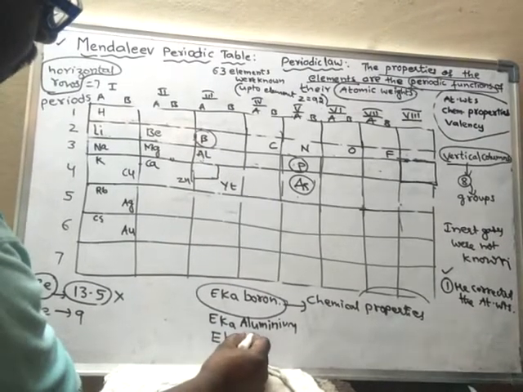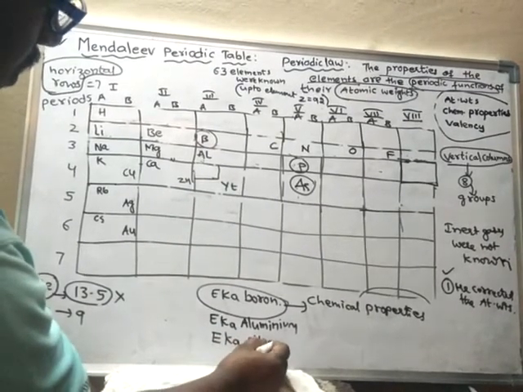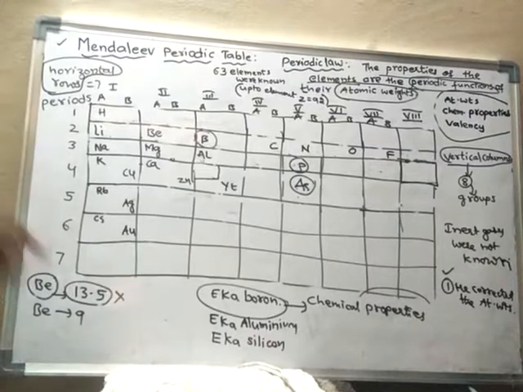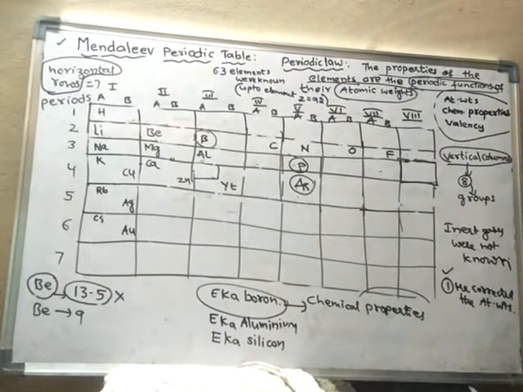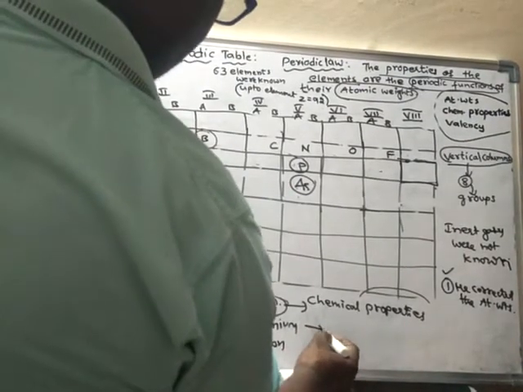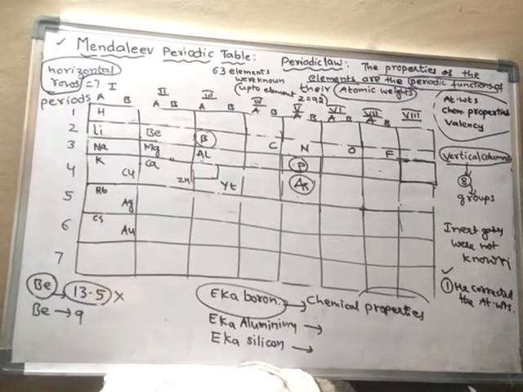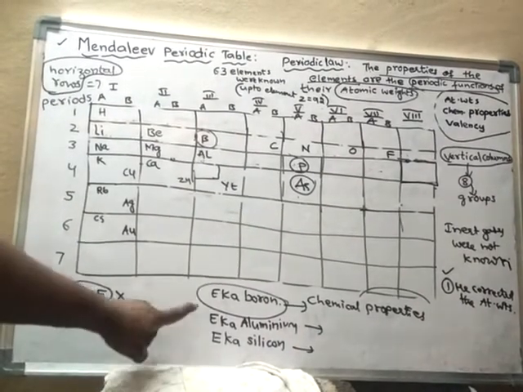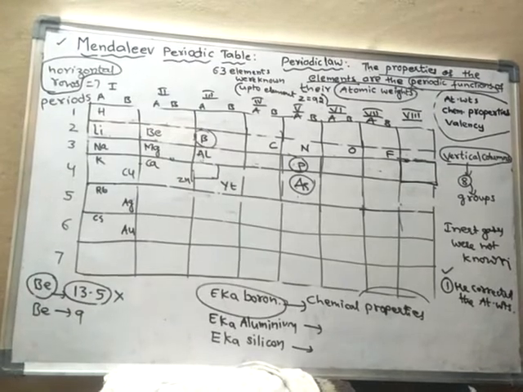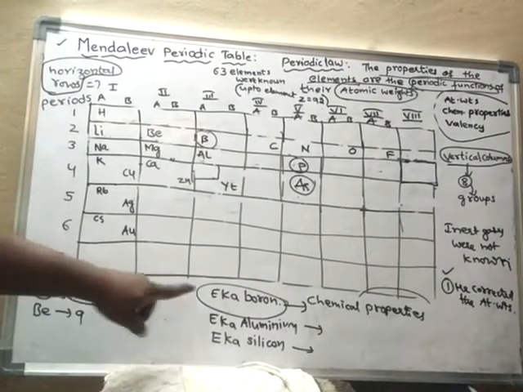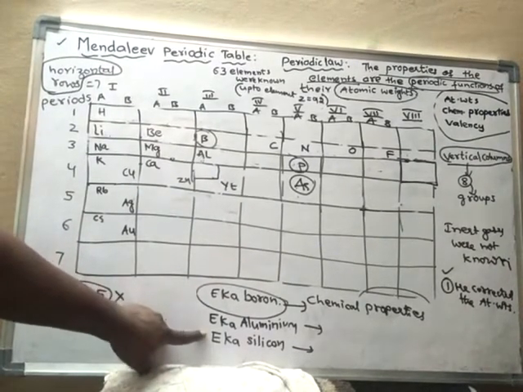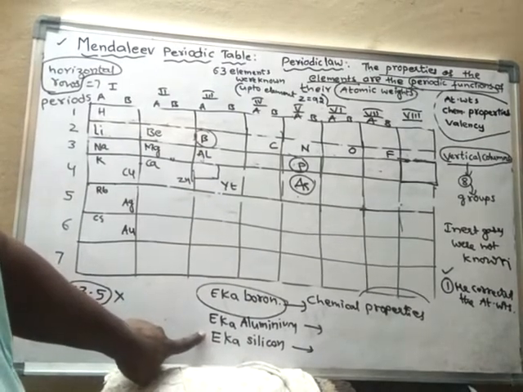There are so many gaps, but particularly for these three gaps, he has given names. So these are the temporary names for those gaps.